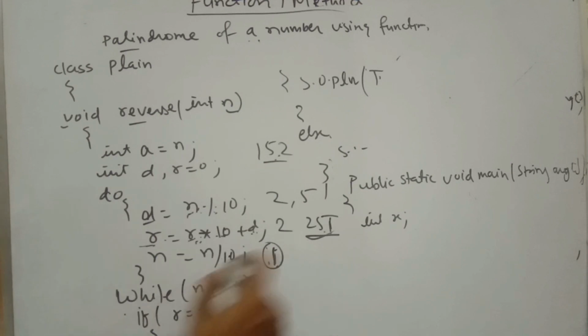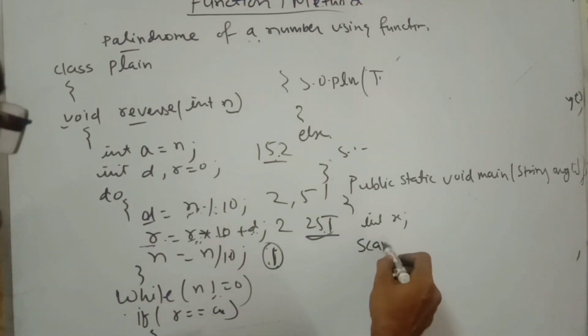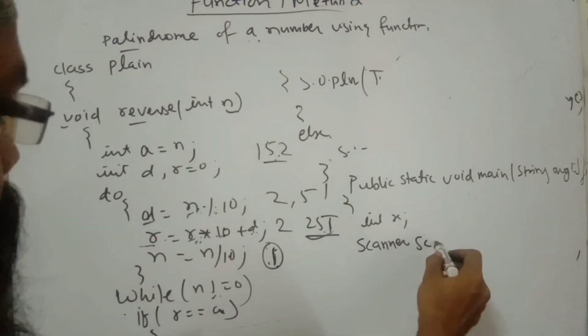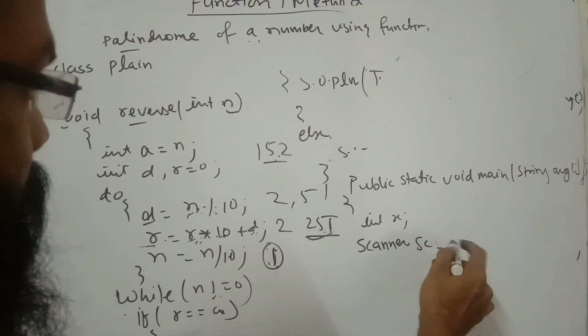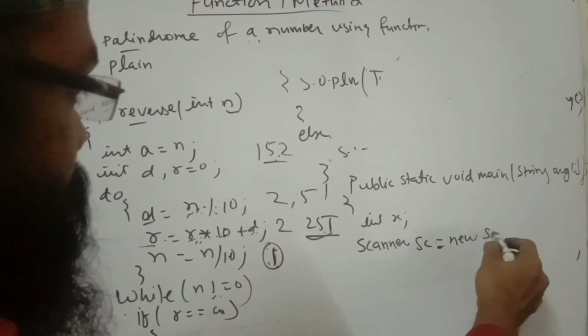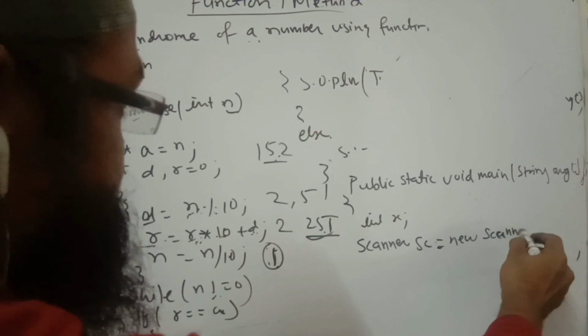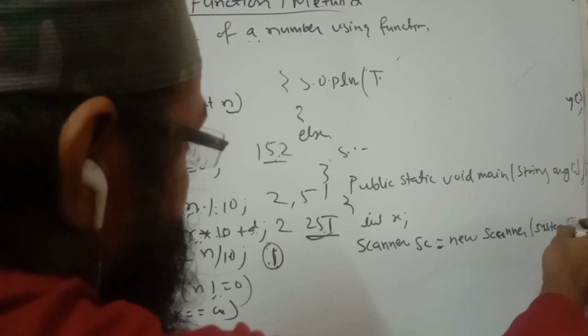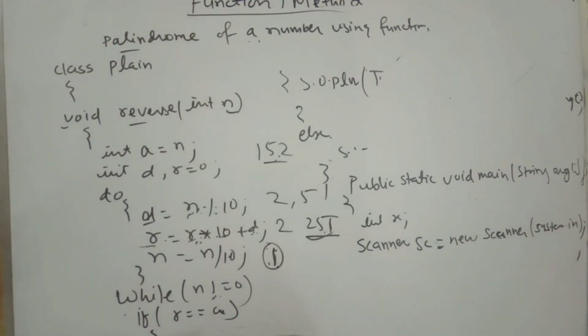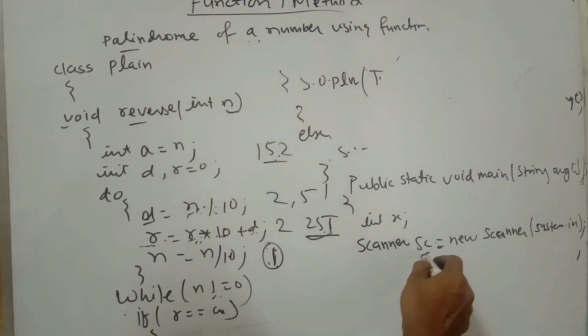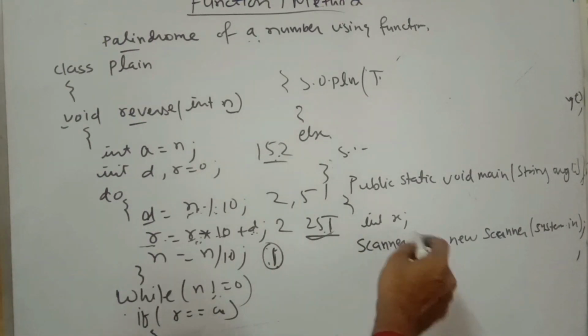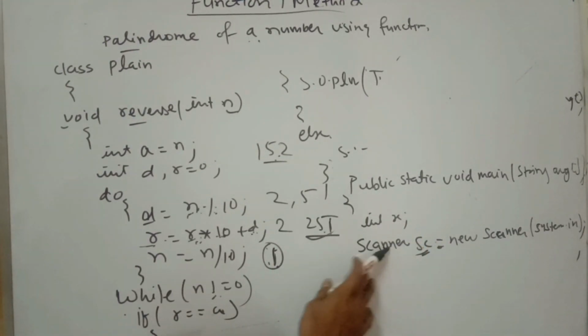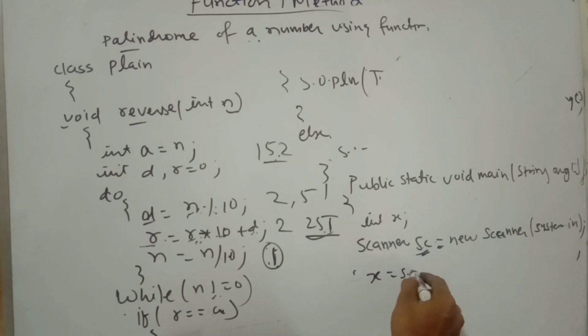So we use the word Scanner, sc equal to new Scanner(System.in). Here we consider sc. Now int x equal to sc.nextInt. So this is the value of x given by the user.